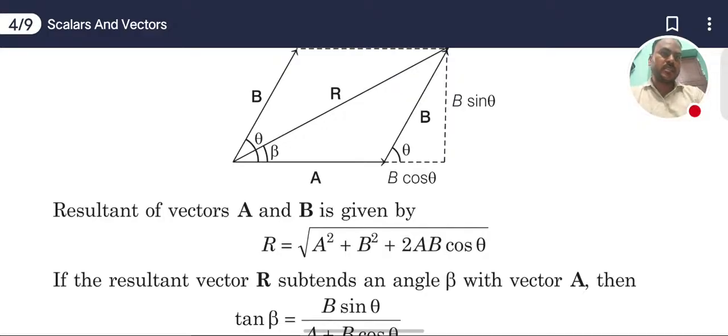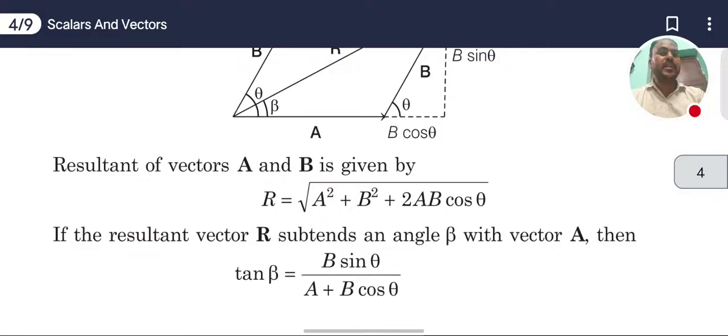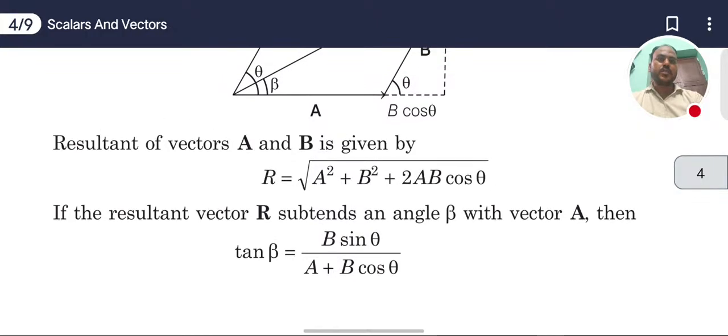Capital R we are writing to denote the resultant. So capital R equals root under a square plus b square plus 2ab cos theta. If the resultant vector R subtends an angle beta with vector A, then tan beta equals b sin theta upon a plus b cos theta.